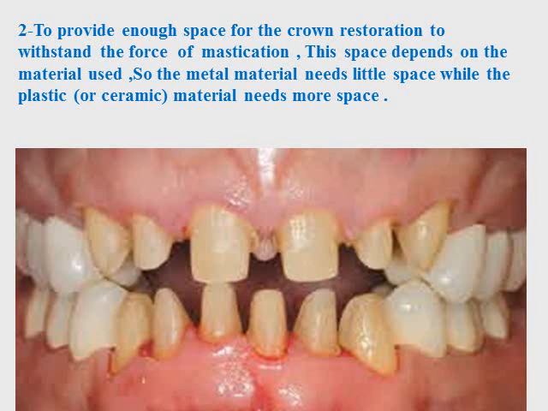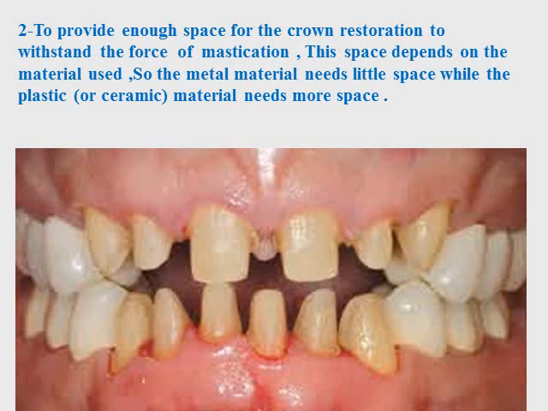Now, the second objective of cutting from the tooth structure during preparation is to create a space between the opposing teeth. In this picture, you are going to see that the natural teeth are in occlusion. And when we do preparation, we must leave space between the natural opposing teeth.